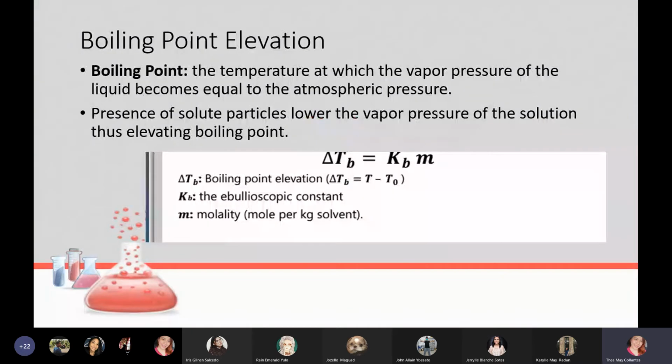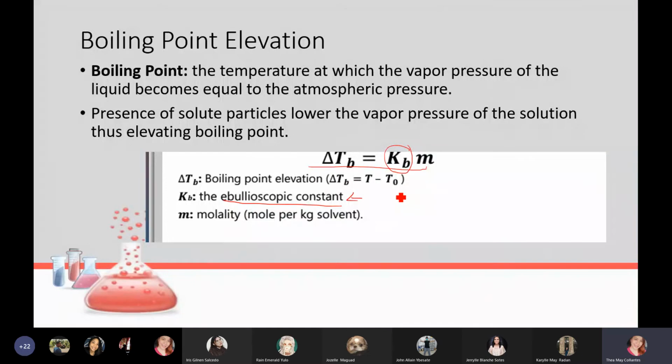So we'll move on. We also have the formula for boiling point elevation. So with this one, what we are after for your boiling point elevation is your different constants. So learn about your different constants such as your ebullioscopic constant when you look at your manual. You can look at that later. And by the time that you need a formula to solve, these two formulas will come in handy.